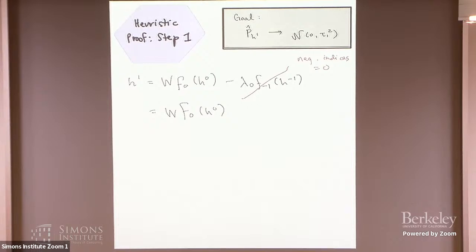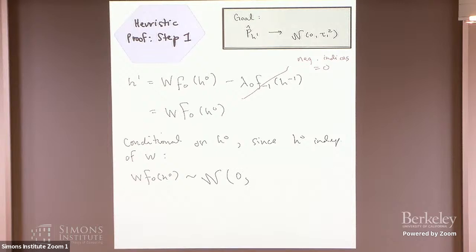So in particular, if we think conditional on H0, since H0 is independent of W, we have the following. W times F0 of H0 is just going to be normal, right? Because W is normal, and now conditional on H0, we have a deterministic vector there.